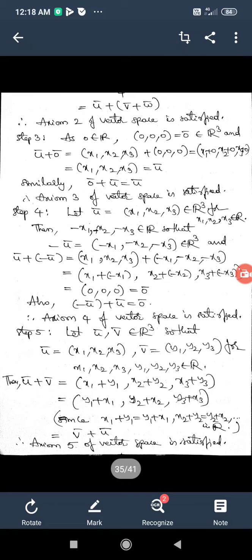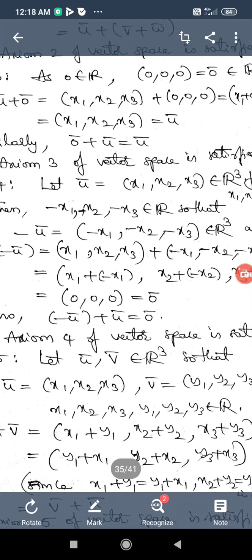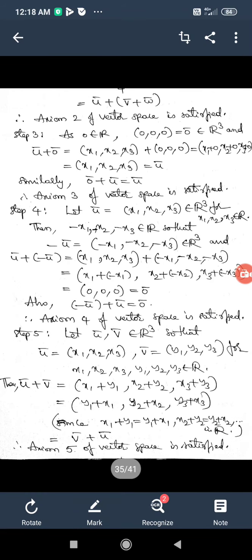So u bar is equal to x1, x2, x3, v bar is equal to y1, y2, y3, where all the elements x1, x2, x3, y1, y2, y3 belong to the set capital R. All those are real numbers.